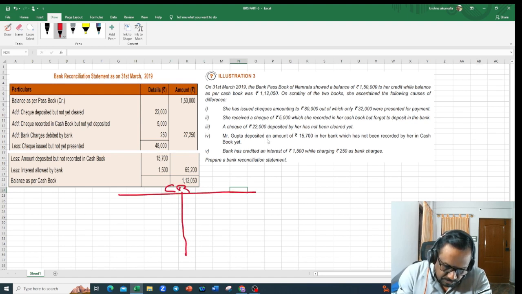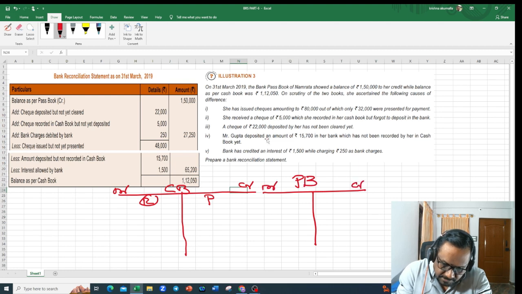This is cash book, debit, credit. This is receipt side. This is payment side. Similarly, draw the passbook. This is debit, this is credit. This is payment side and this is receipt side.